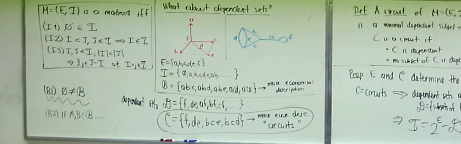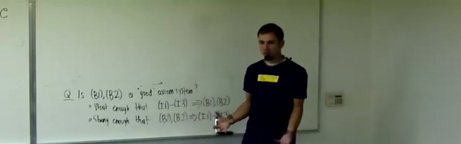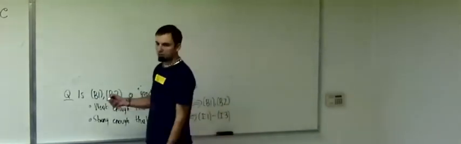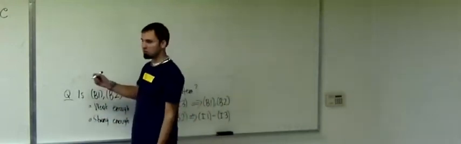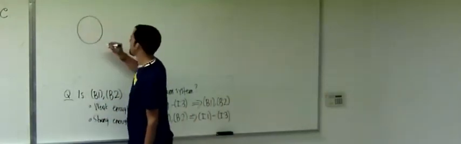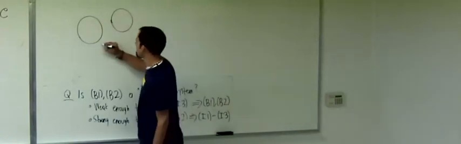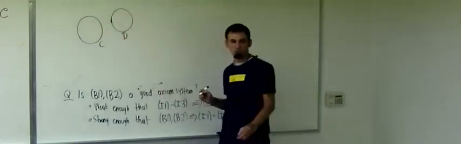And the inspiration, usually in these cases, comes from the motivating examples, you know? Because we know that graphs are matroids. We know that vector configurations are matroids. And so we can say, okay, in a graph, how do you make a circuit from two circuits? If I have two circuits like this, C and D, how do I make another circuit?